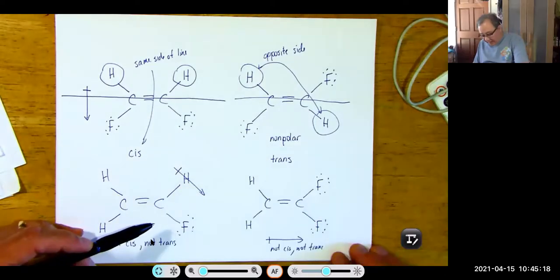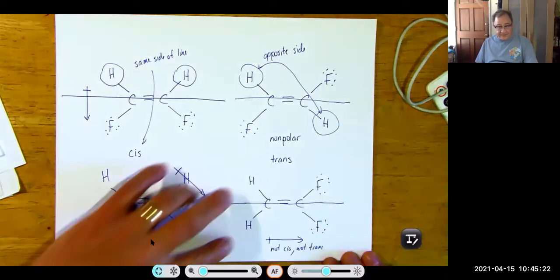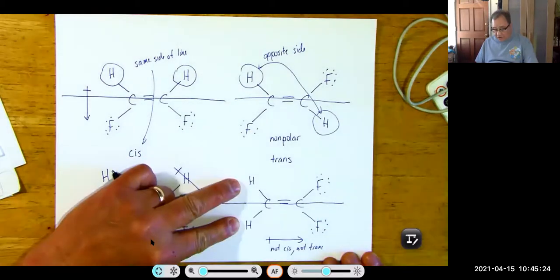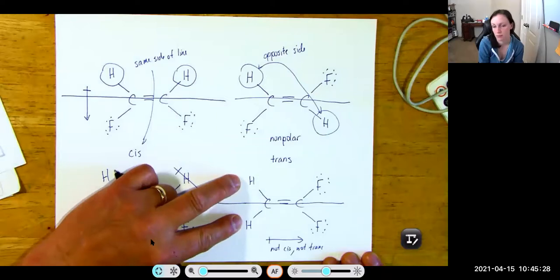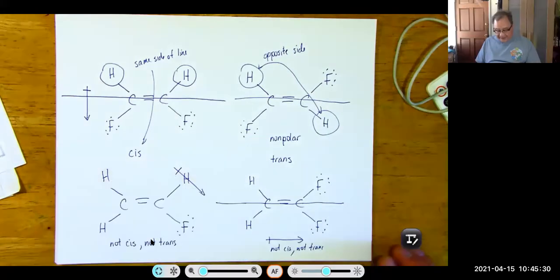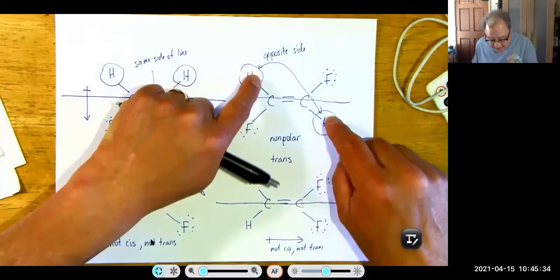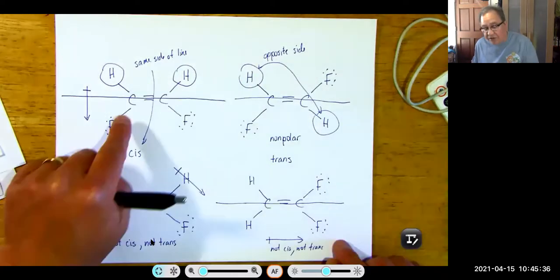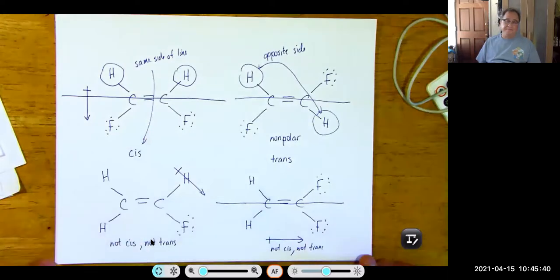Yeah, the divide has to be a horizontal one. So it looks like trans, doesn't it? Because they're on opposite sides. Oh, yeah. But now you just learned the next lesson: not only do you have to have exactly two hydrogens, but one has to be bonded to one carbon and one bonded to the other. They can't both be bonded to the same carbon. Okay.